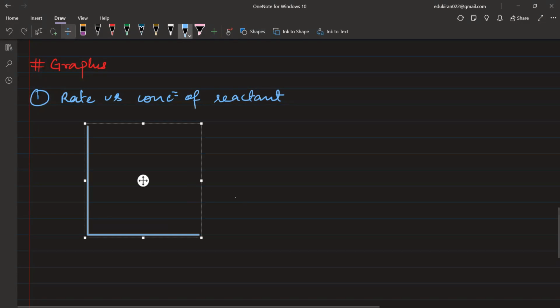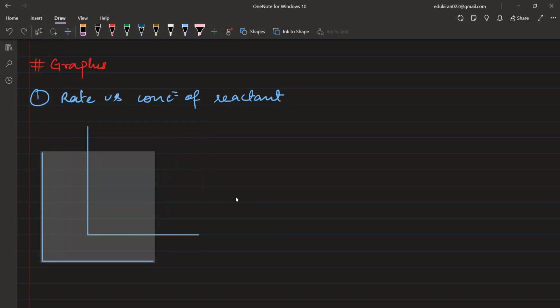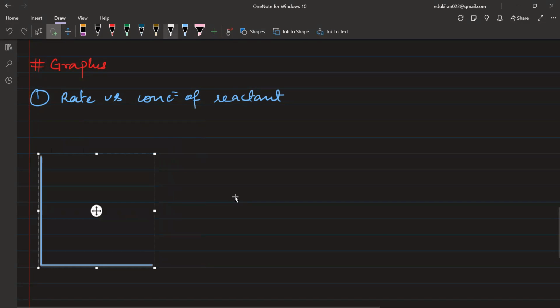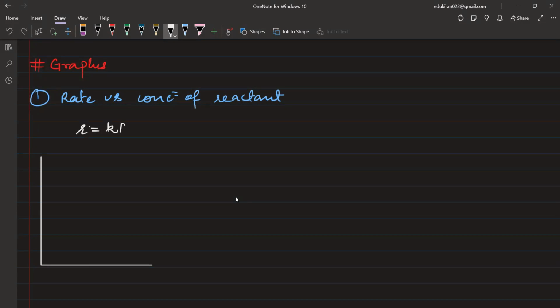In rate versus concentration of reactant, always we are going to use which equation? The rate law expression. What is the rate law expression? For a first order reaction, R will be equal to the rate constant K into the concentration of A to the power 1.